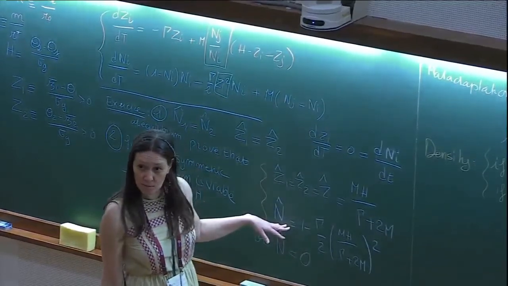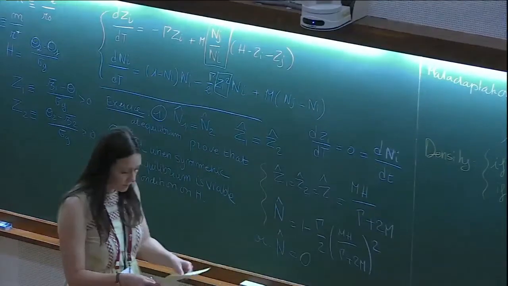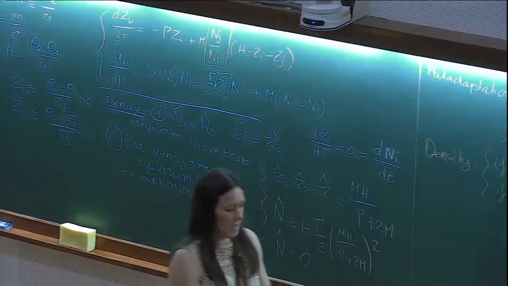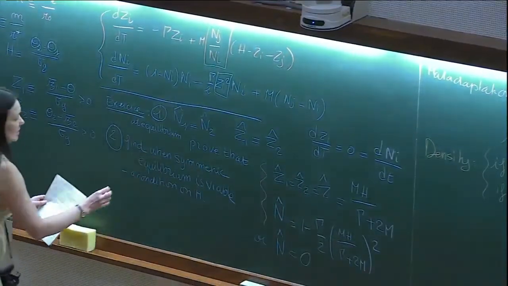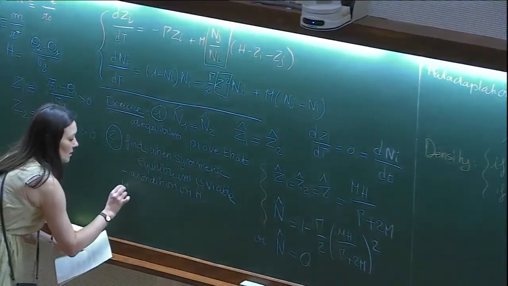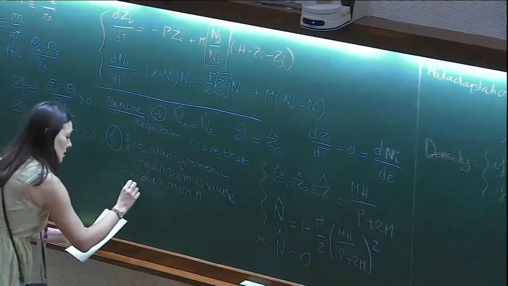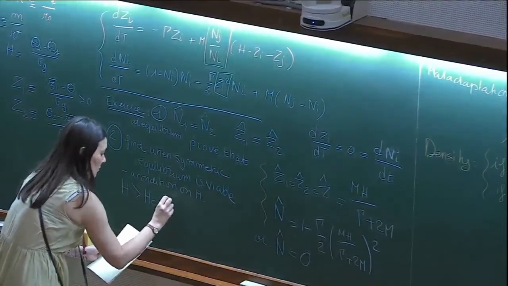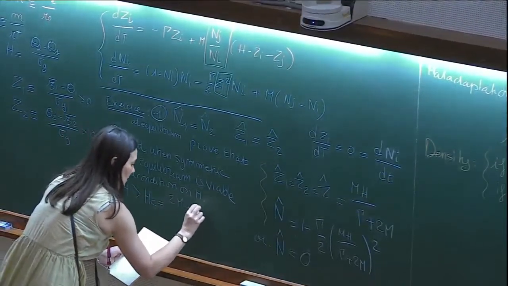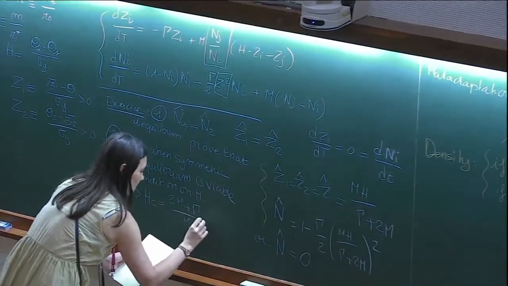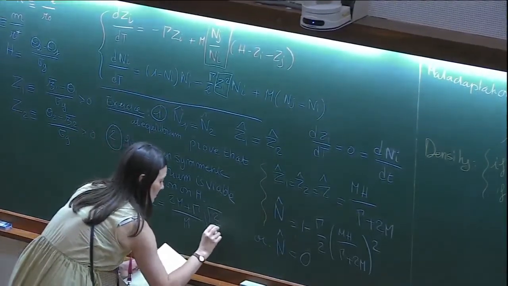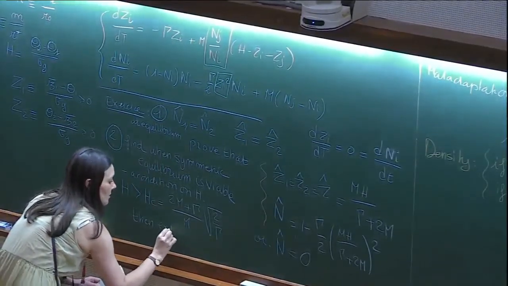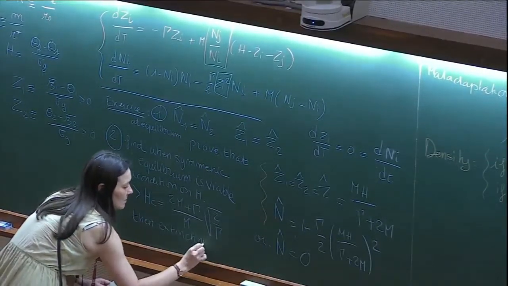If you do that, you find that when habitat heterogeneity is greater than a critical heterogeneity, which is equal to (2m plus gamma) over m, then you get extinction in both patches.